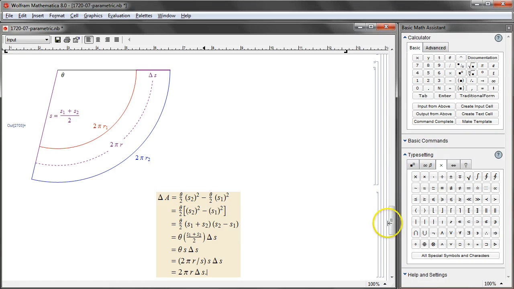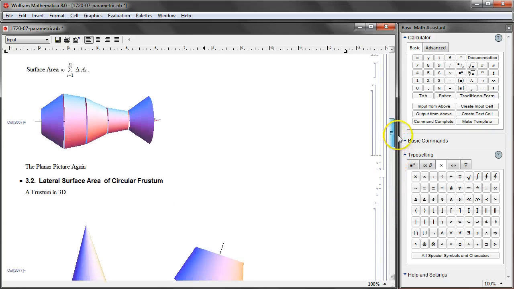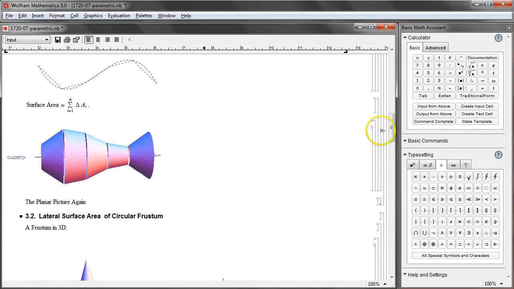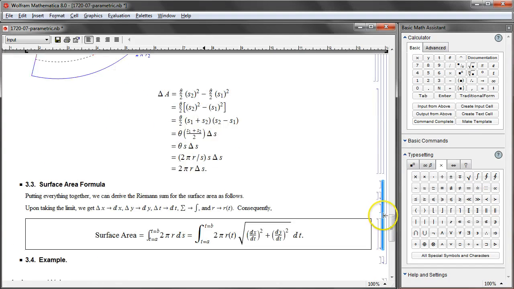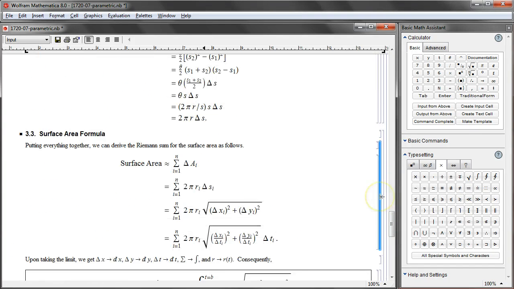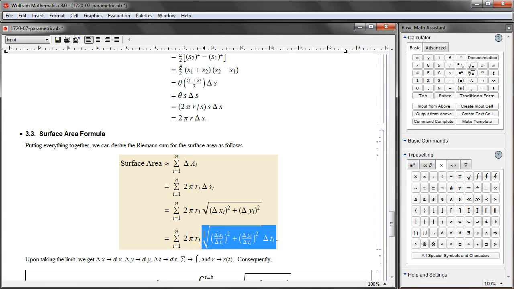That is the area of the individual frustums, each of those. So if I add them up, then finally I'm gonna get this expression, 2 pi ri times delta si. And what is delta si? We have seen those before. That's the arc length element, so we can use the Pythagorean identity, and then we can express it like this, the way we did for arc length.